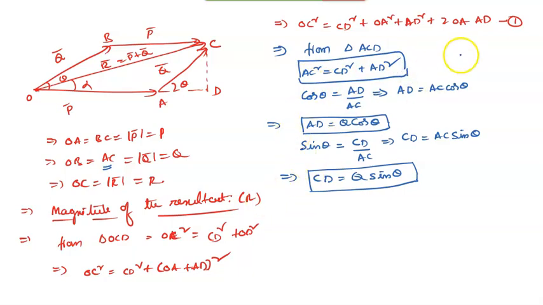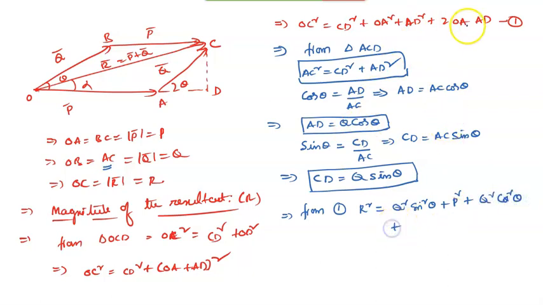If we substitute all these values in equation 1, then we will get, OC is equal to R. So from equation 1, OC square is R square, equal to CD square, that is Q square sin square theta, plus OA, which is P, P square, plus AD square, Q square cos square theta, plus 2 OA AD, that is 2 P Q cos theta.